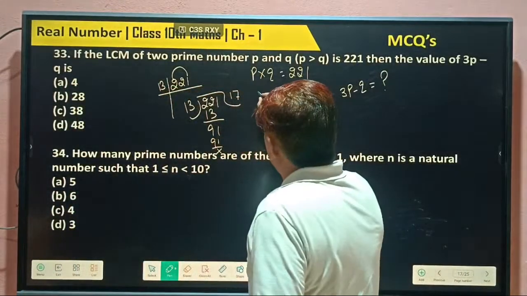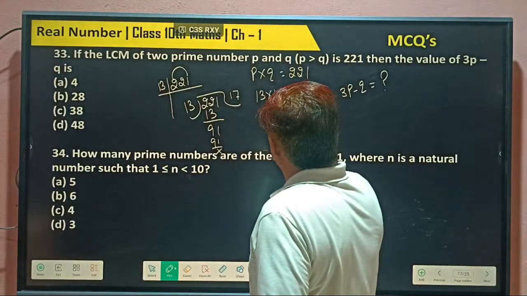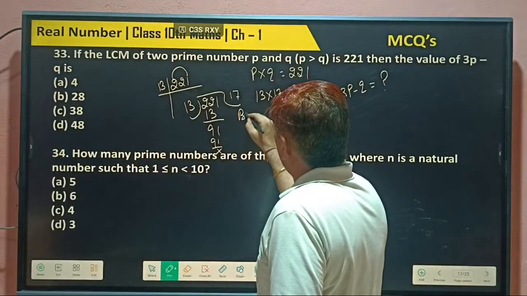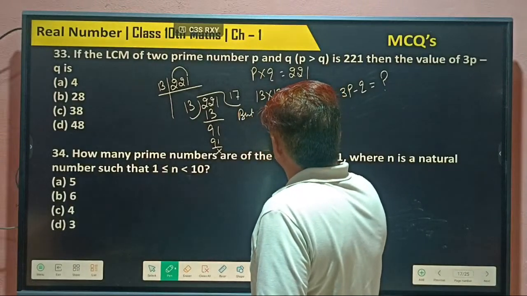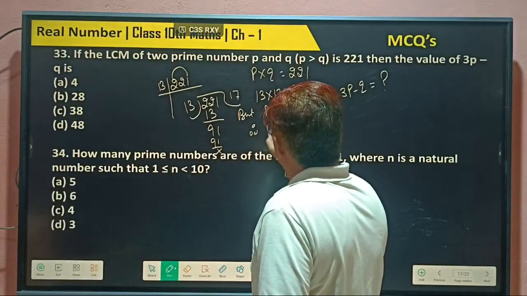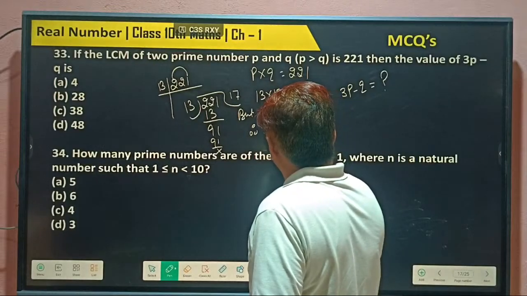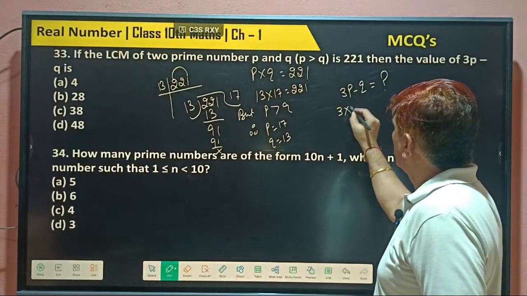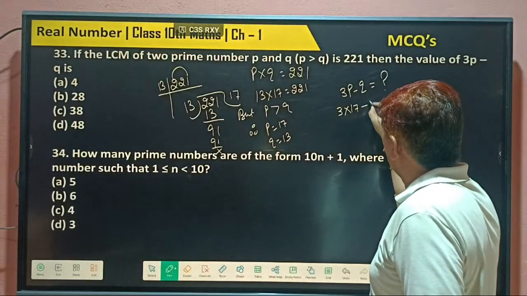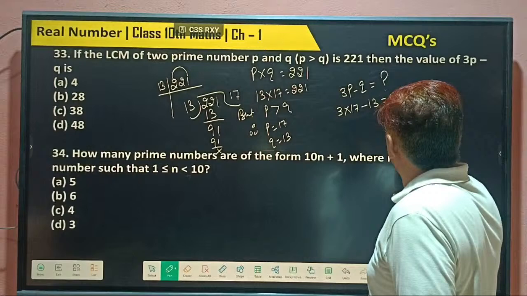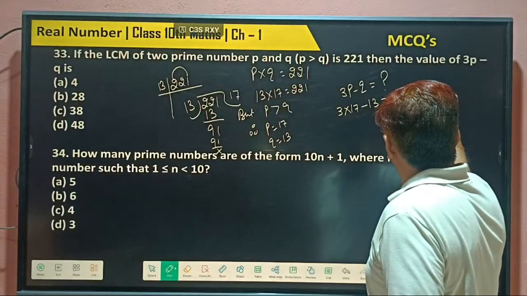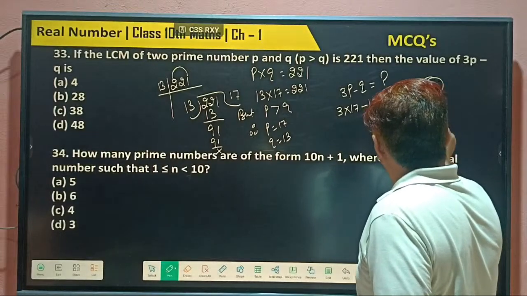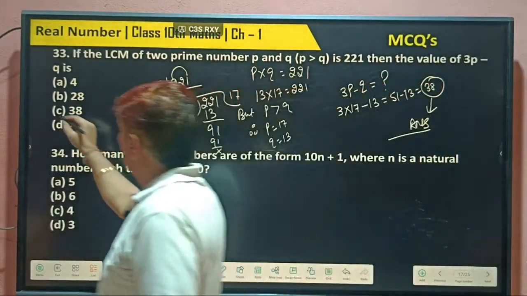So this we can write: 13 into 17 is equal to 221. But P is greater than Q, therefore P equal to 17 and Q equal to 13. Put here value: 3 into 17 minus 13. So 51 minus 13 is equal to 38. That is your answer. What's the answer? 38.